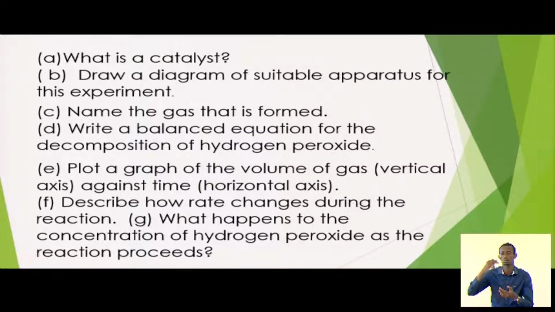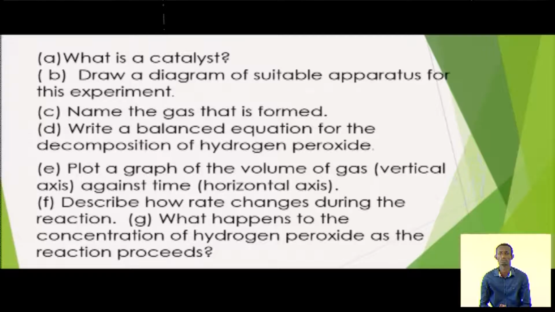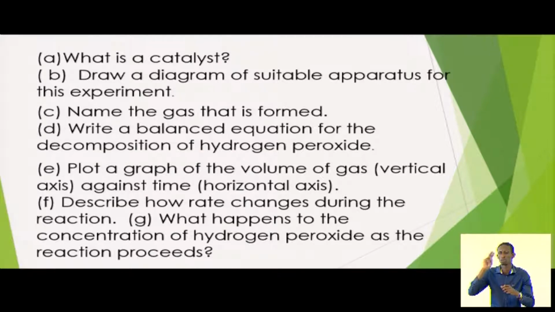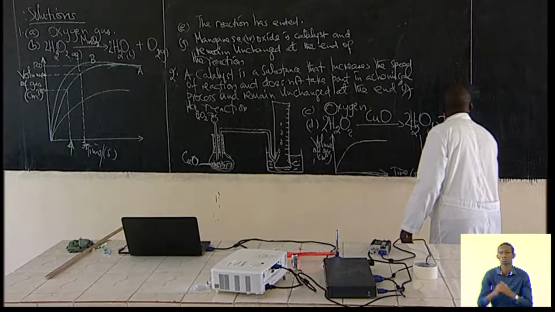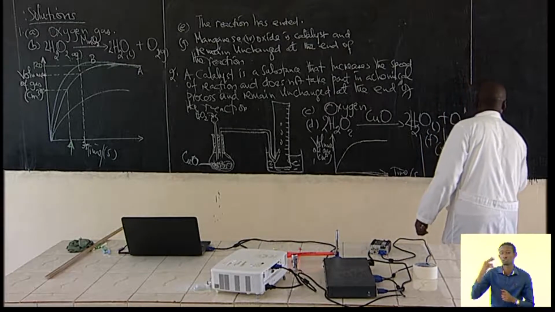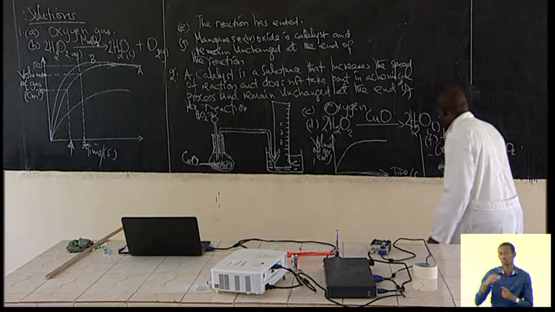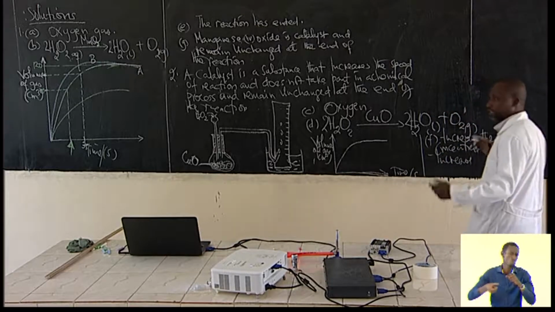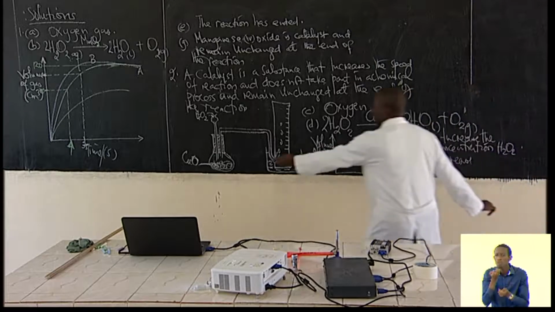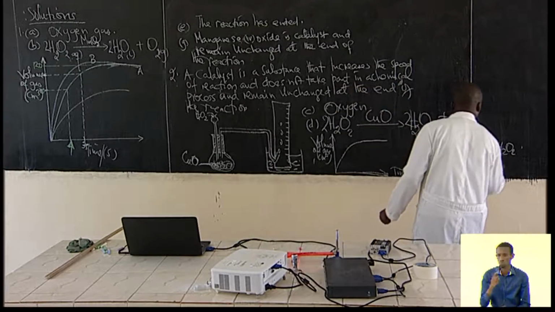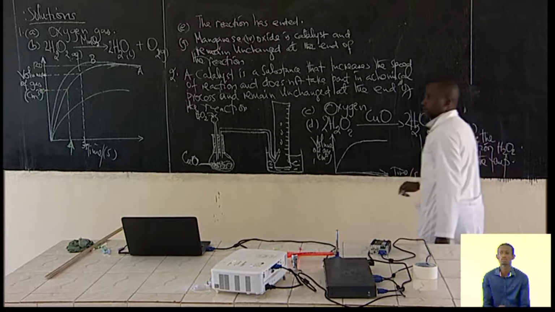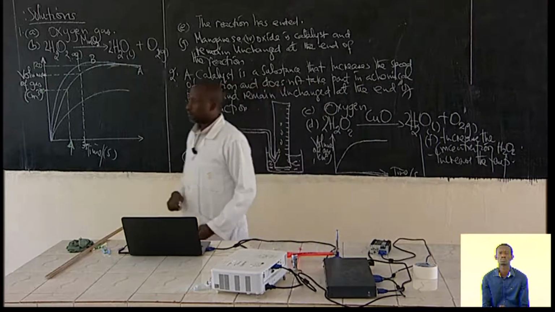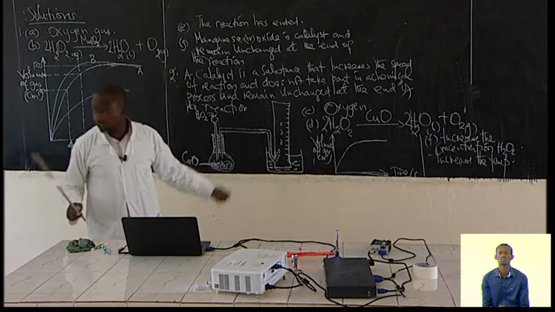So that is part F. You increase the concentration of hydrogen peroxide, or what else? You can even increase the temperature. That means you heat the reactants over here. Those are some of the factors that you can also use.